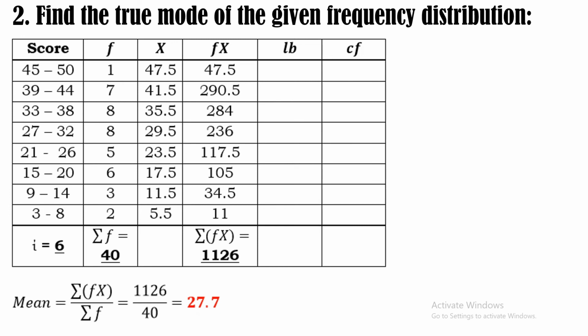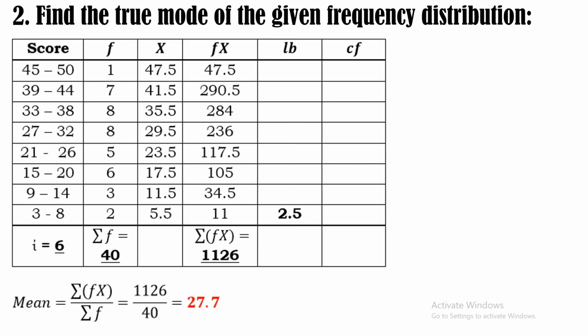Now let's proceed to the next column, the lower boundary column. What's the lower boundary of the class interval 3 to 8? We have 2.5. So we simply have to subtract 0.5 from the lower limit. So that's 3 minus 0.5 is 2.5. And then add 6 to find the lower boundary of the next class interval.